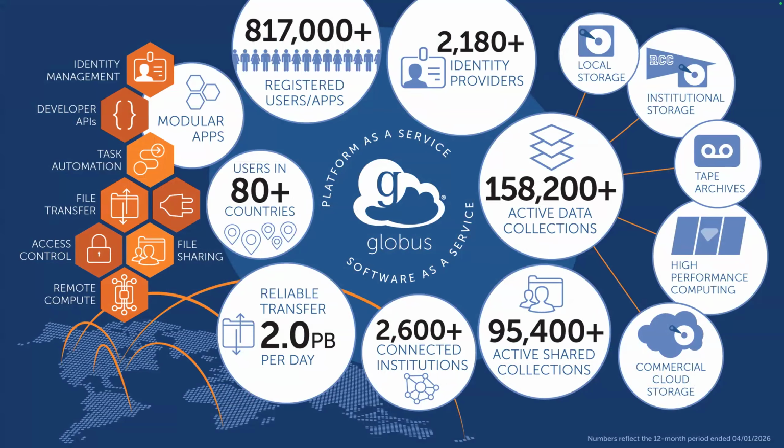A number of federal agencies that are engaged in research use Globus, independent research institutions. So a variety of different types of organizations use Globus, and a variety of different types of science and scholarship are enabled by Globus. So Globus is not specific to any one research topic or even field of research.